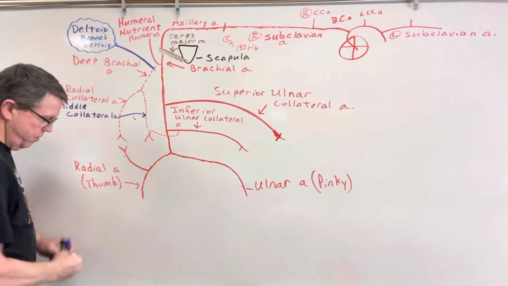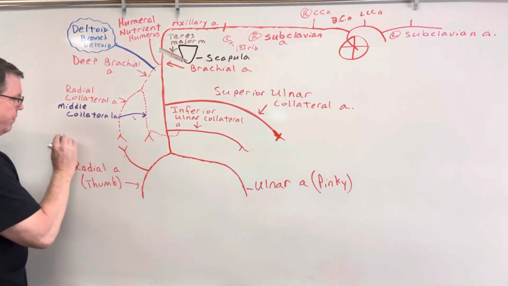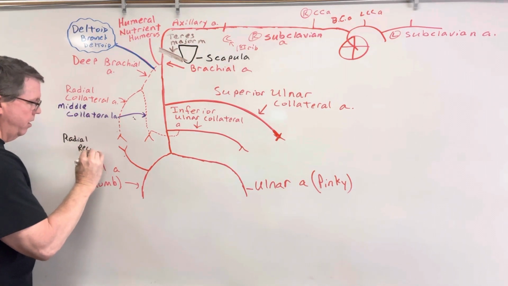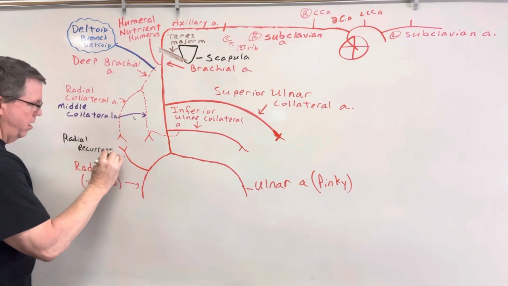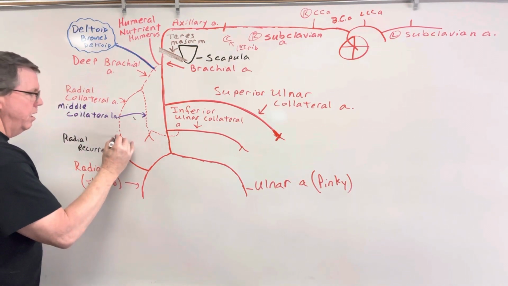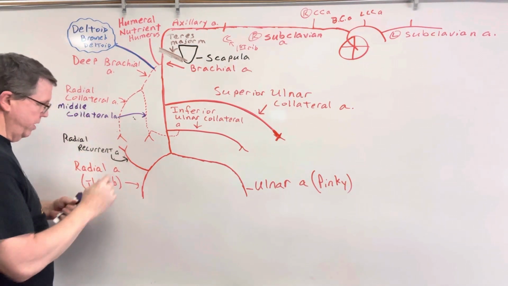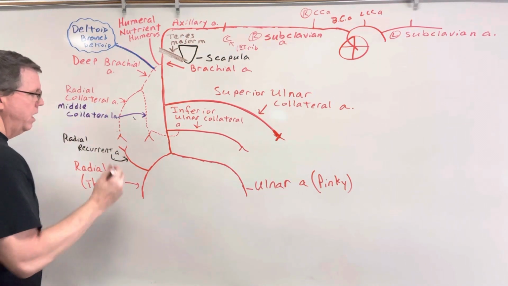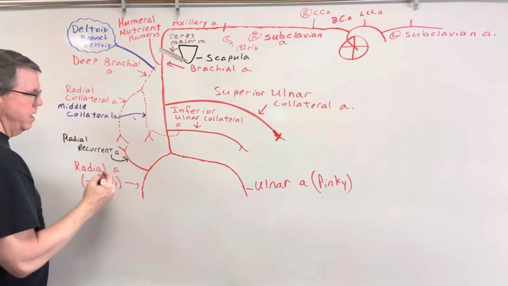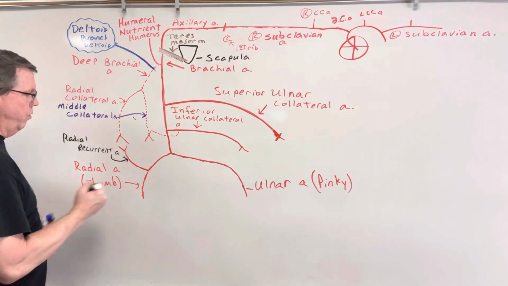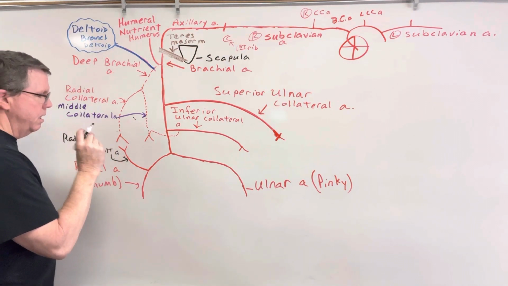Let's use a different color again. So this is going to be my radial recurrent artery. And that's going to be this guy right here. And it's going to form an anastomosis with this right here. This is going to happen on or anterior to the lateral epicondyle.